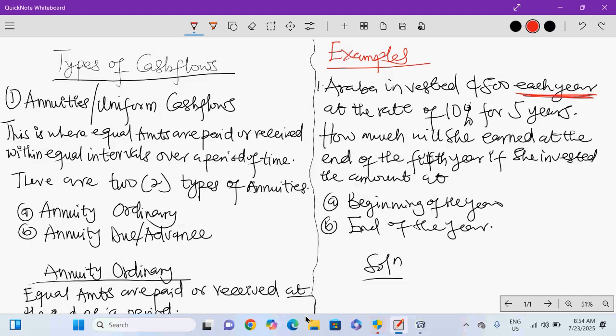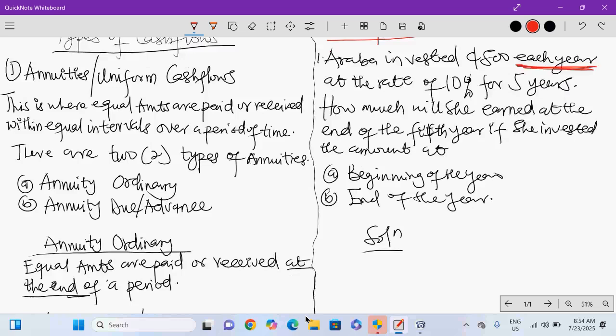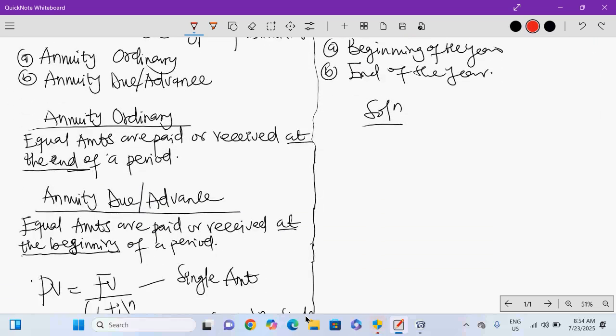And how much are you investing? 500 cedis each year. So that is an annuity, where you are making a uniform cash flow. The "each year" makes it what? An annuity. All right. So at the beginning and then at the end.